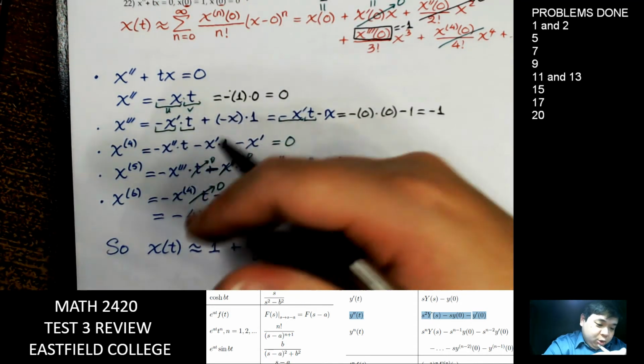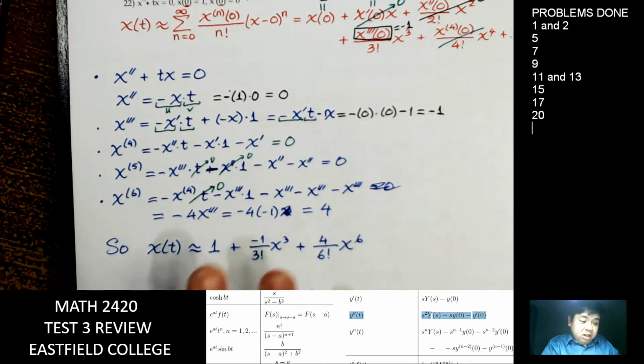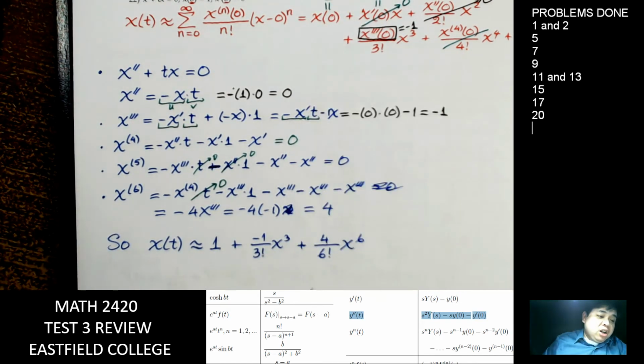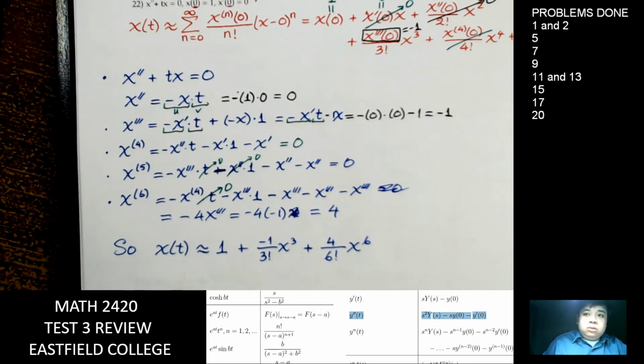Not perfectly sure if that's correct, but of course that's how we do. We just take the derivative and then recursively we find the values. Right. So that's how it works.